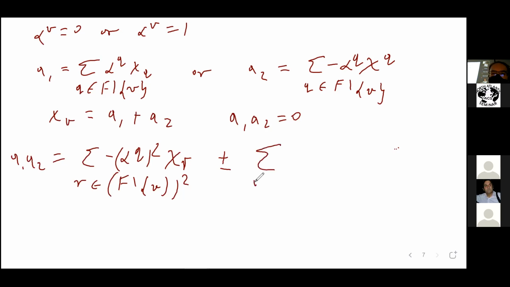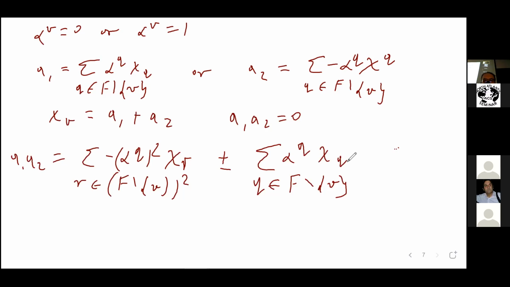And now I have these q's running this set, which is not squared. So now you see why I wrote it. Sorry, I should write still alpha q, chi q. Okay, it will be plus or minus.